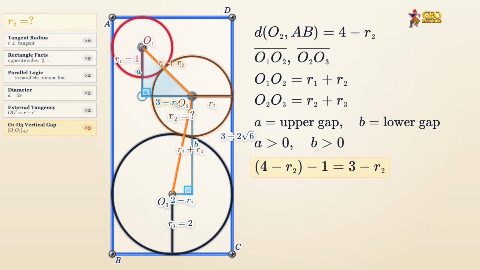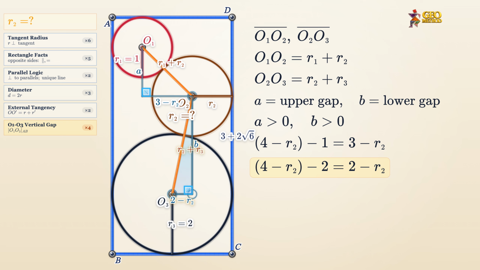For the first triangle, compare the side distances of O₁ and O₂ from the left side. O₂ is 4 minus R2, while O₁ is 1. The across rectangle gap is 3 minus R2. For the second triangle, compare O₂ and O₃ from the left side. O₂ is 4 minus R2 and O₃ is 2, so that across rectangle gap is 2 minus R2.